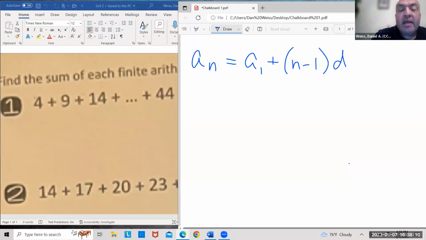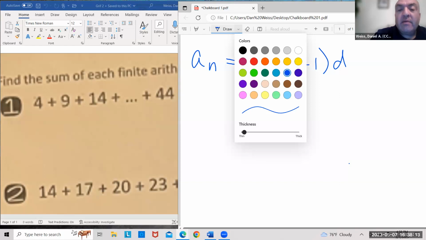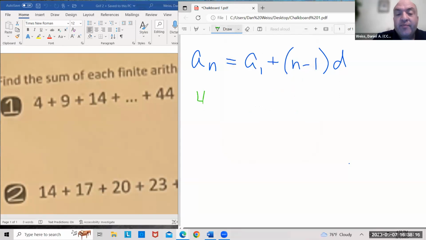AN is 44, in other words, the last term. I'll show you in a minute, but there are 9 terms. You see, 4, 9, 14. The next obviously is 19, and then 24, 29, 34, 39, 44. If you count all that up, that's 9 total terms. So AN here is the 9th term, where N is 9, but the 9th term is 44. You see what I'm saying?